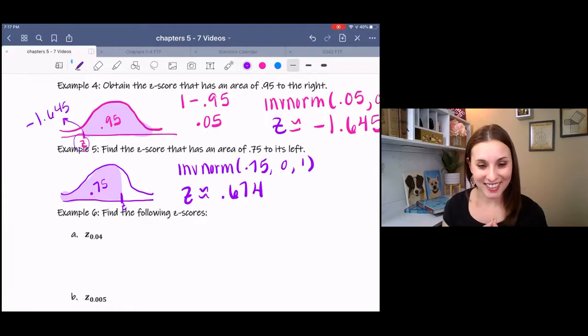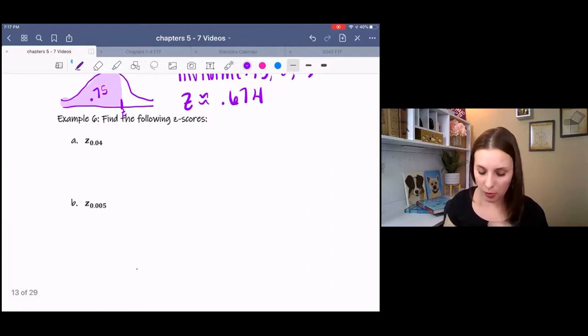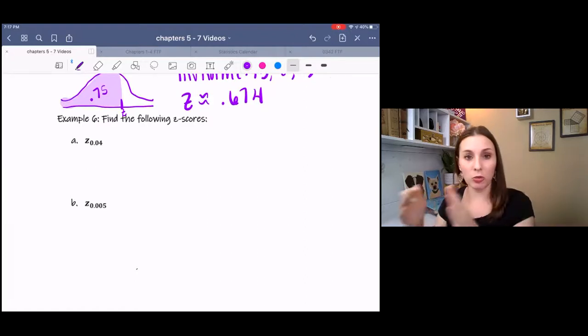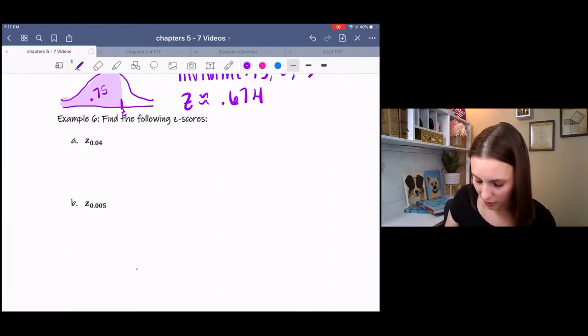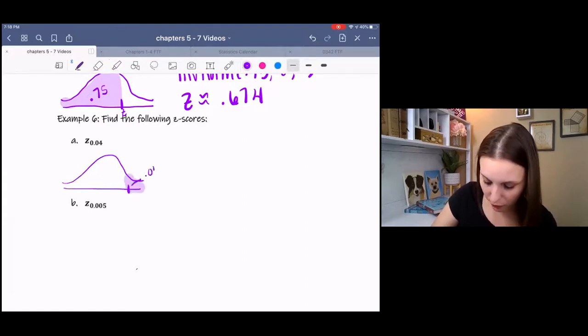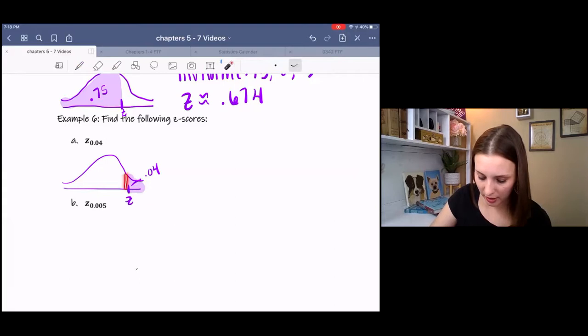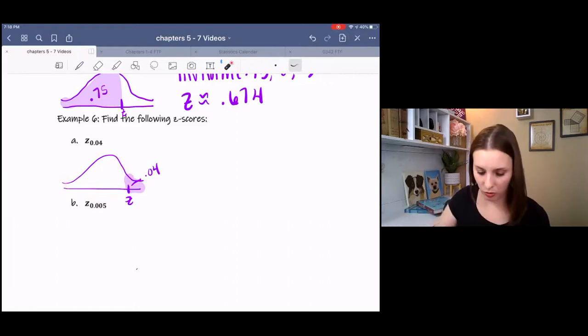Isn't that so neat? Okay, so down here we have it in the z sub alpha form. Remember that alpha represents the area to the right. It's this little tiny tail. So if we're wanting to find the z-score with this little tiny tail where the area represents 0.04, I actually need this area in order to figure out my z-score with inverse norm or the table.